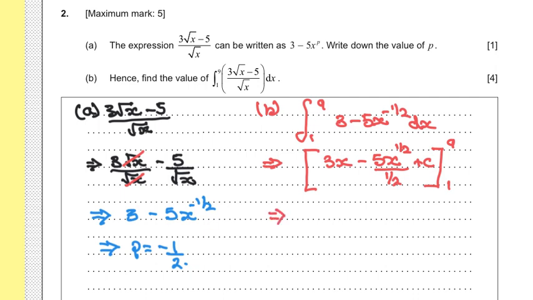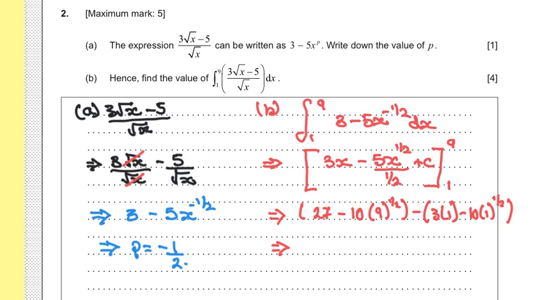Therefore, we can now put the values in. 5 divided by a half is 10, remember that, so we get, put 9 in, 3 times 9 is 27, minus 10 lots of 9 to the power of a half, minus 3 lots of 1, minus 10 times 1 to the power of a half.